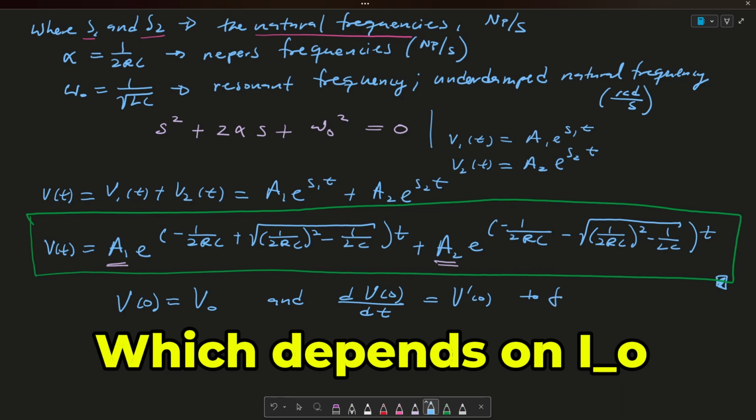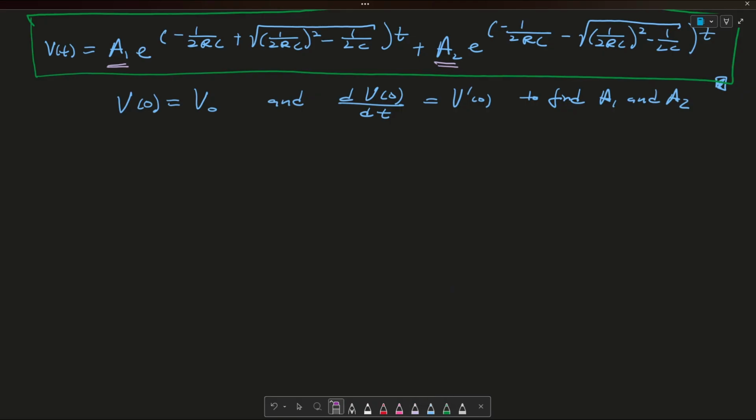And we say to find A1 and A2. In order to find these two initial conditions, I'm going to take an observation. And we say that we normally know this V0. And essentially this here is the voltage across the capacitor, called this V naught. And this was given in equation number 1.